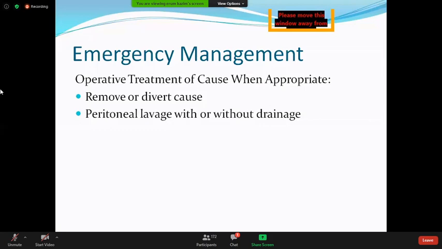And if multiple segments of the gut are involved, or the gut is not healthy, or there is massive peritonitis, or the patient has presented to us late, then we have to go for diversion. That could be in the form of an ileostomy.